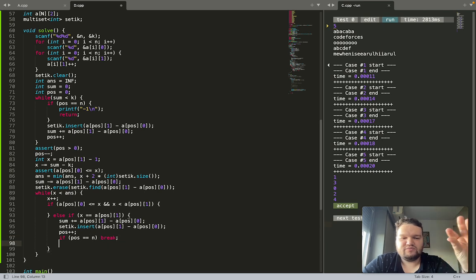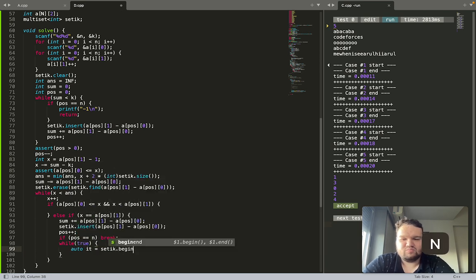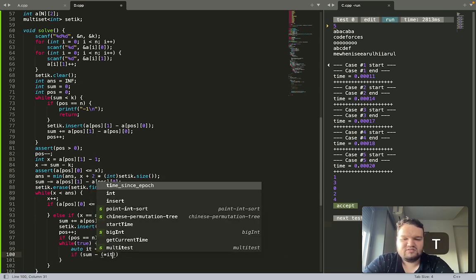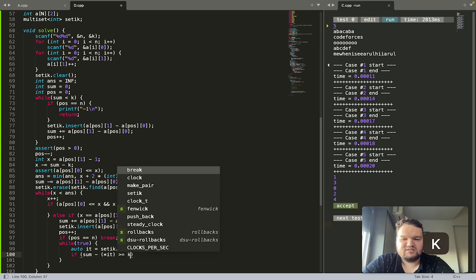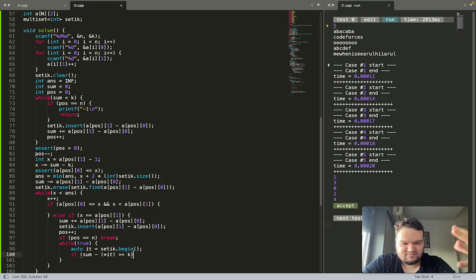And now I want to fix my set by saying the following: while true, basically, we will look at the smallest element in the set, and if removing it will still leave us with a sum that is at least k, then let's do that.